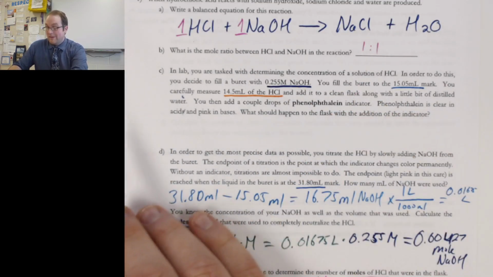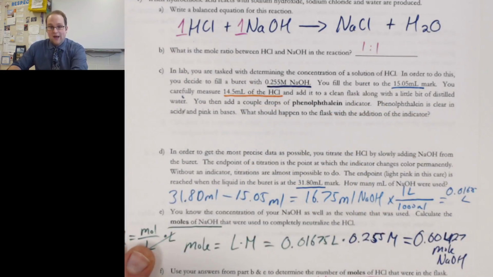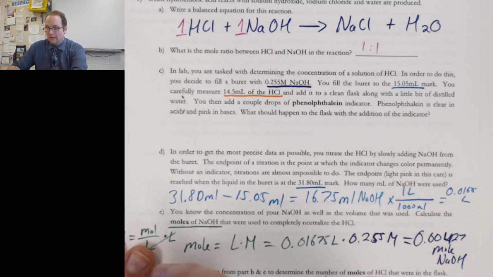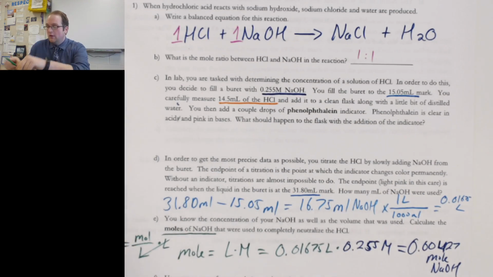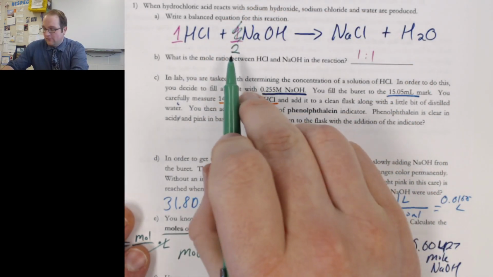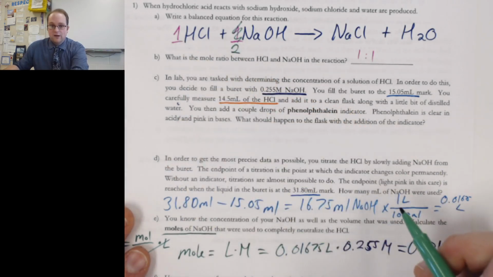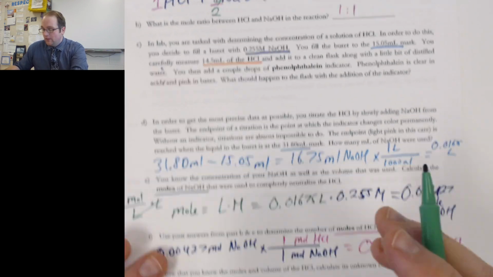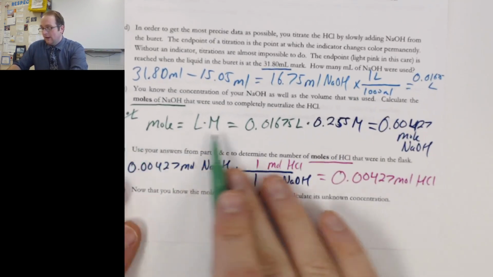Now, I might be asking, what happens if I don't have a 1-to-1 conversion? Well, if you wrote your balanced equation correctly, like let's say we're in a fantasy world where you need 2 moles of NaOH. I know the world would be so much different where you had a 2-to-1 ratio here. So all that would change in my problem is this step stays the same, this step stays the same.